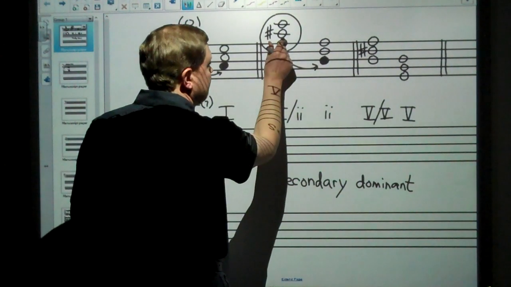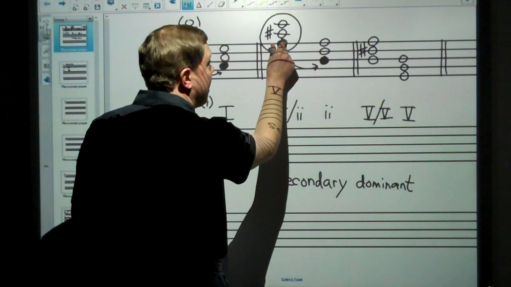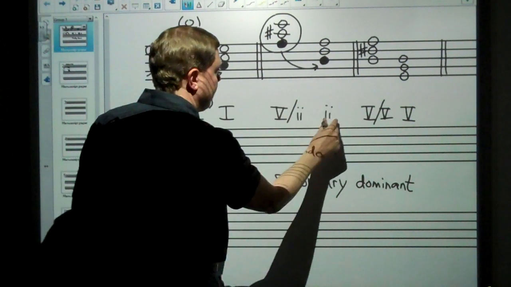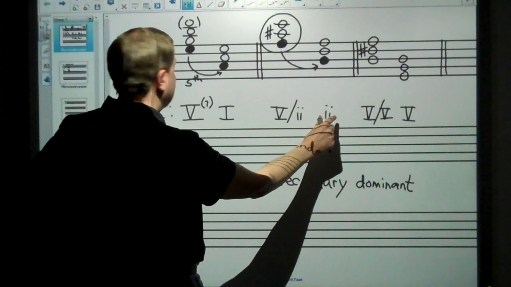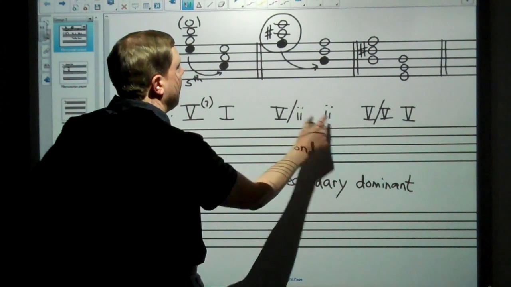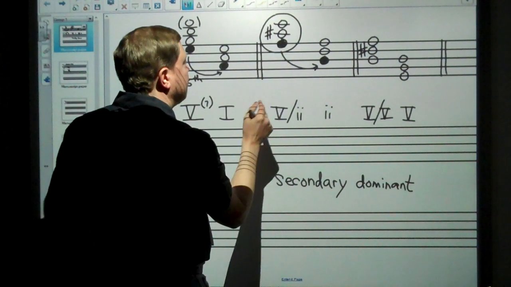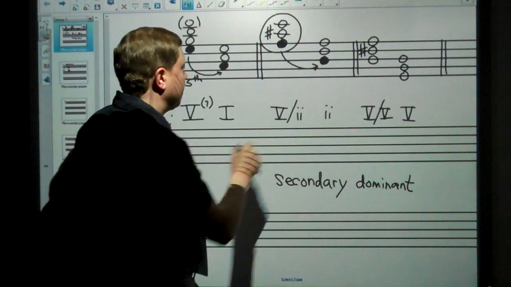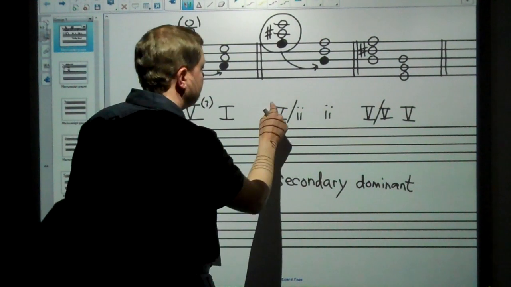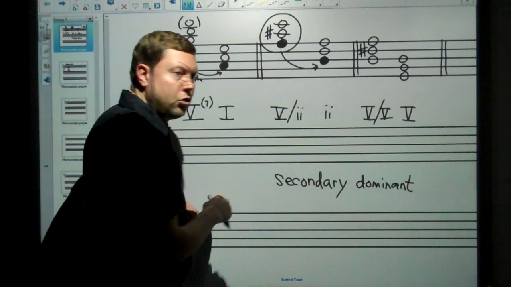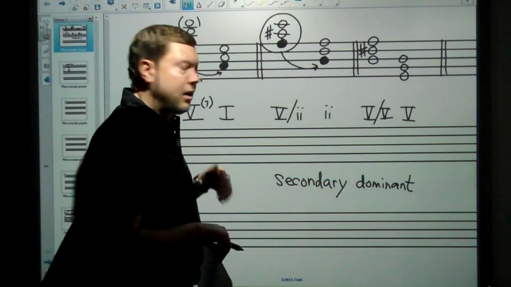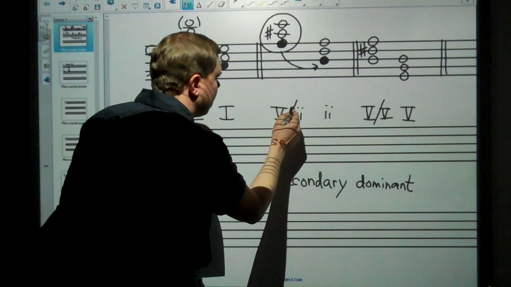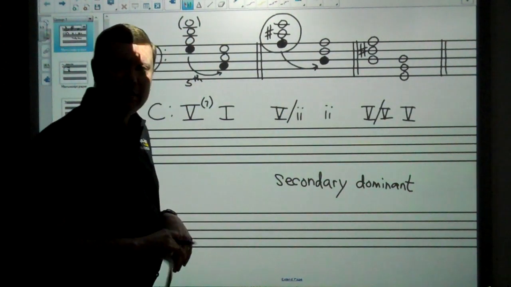Once again, because it's got a chromatic pitch and because it's acting like a dominant to the chord that follows, we're calling the chord that follows, as it stands normally in the key of C, a 2, which it is, but we're analyzing the chord that comes before it as a dominant of a 2 chord in C major. And this is the symbol again that we use: 5/2. The slash is read as the word "of." A 5 chord of a 2 chord in the key of C major.